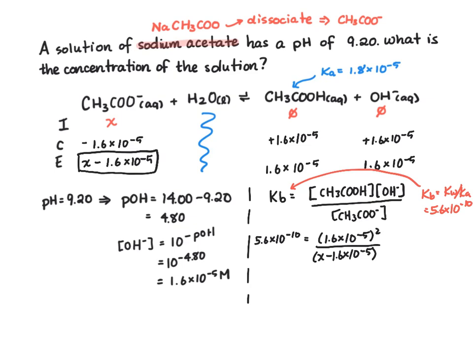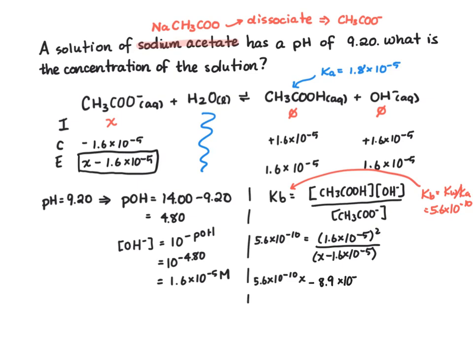We're not going to use the approximation method here because we can actually solve for x directly without having to use the quadratic formula. So we're going to quickly rearrange this equation. This is going to be 5.6 times 10 to the negative 10 x minus 8.9, so I'm just going to round to 8.9 times 10 to the negative 15.